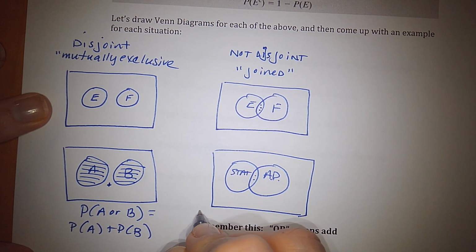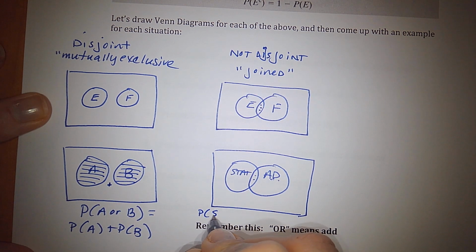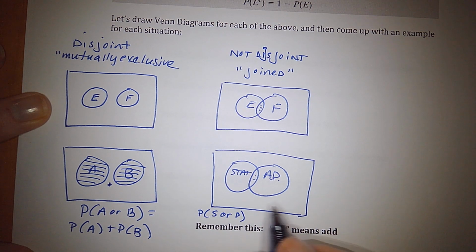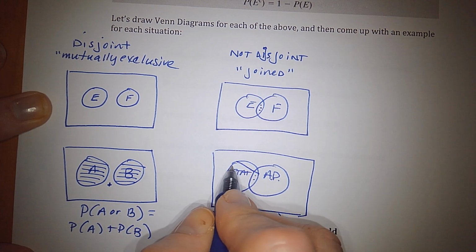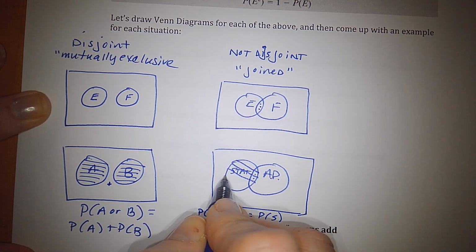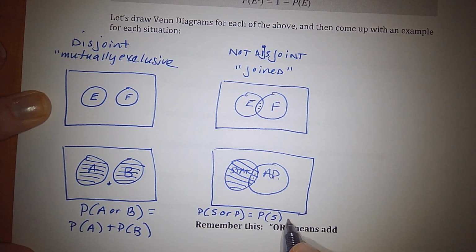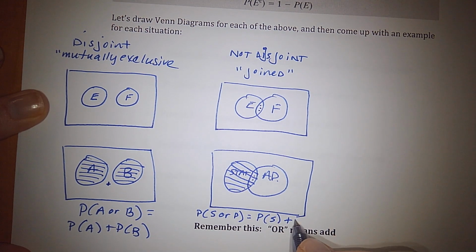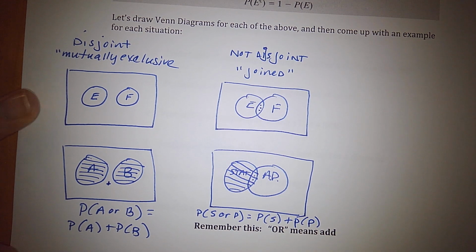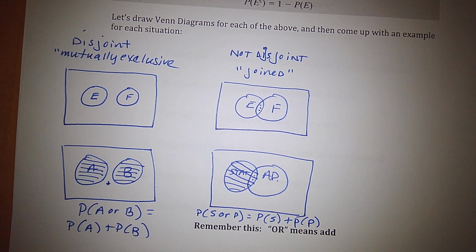So if I wanted to find the probability of you being in a stat class or you being in physiology class, then we simply add the two separately. So the probability that you're in stats, and then we're going to add the probability that you're in physiology. I'm going to highlight that in red.